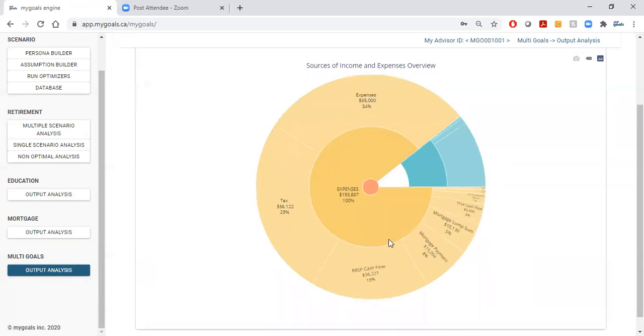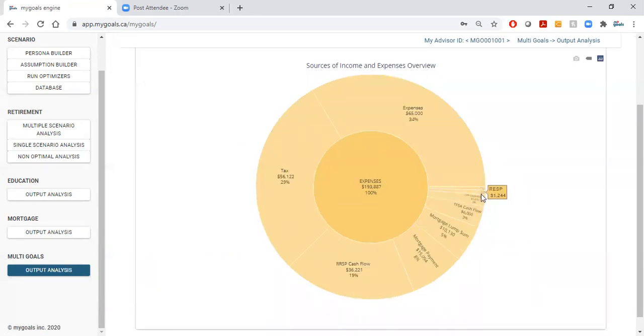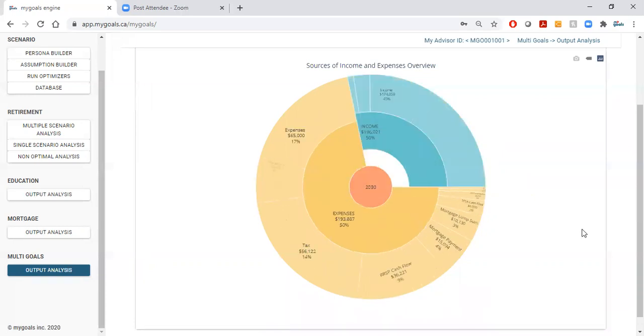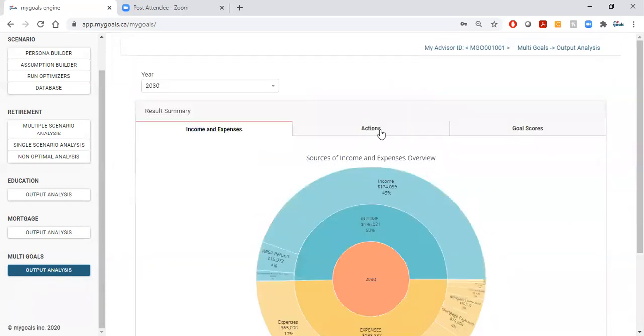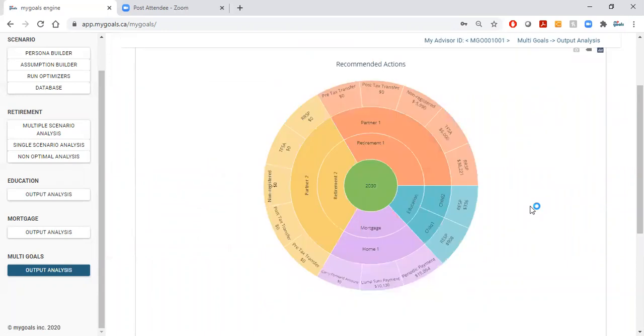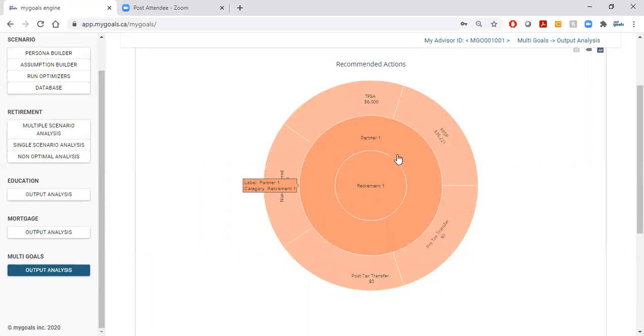We can drill into expenses as well and go around the wheel item by item, year by year. This is more of our calls to action. And again, the single individual, so retirement 2 for partner 2 is kind of irrelevant, and we'll get back to this diagram in a spousal scenario, but we could look at retirement for partner 1 and see all the different cash flows for that year.